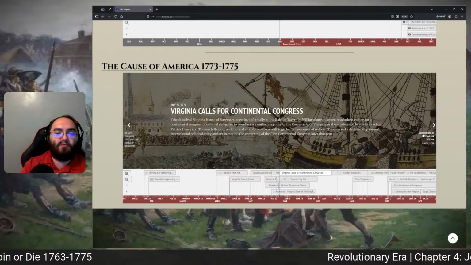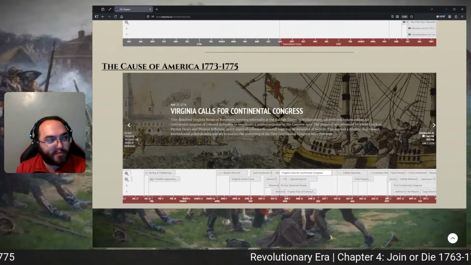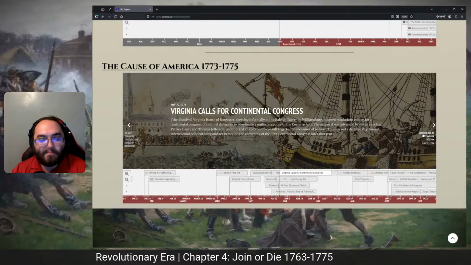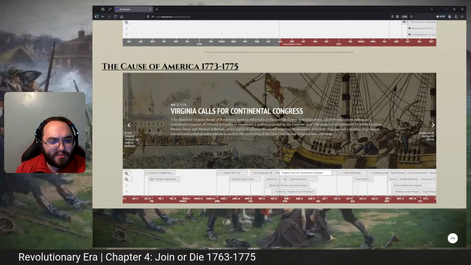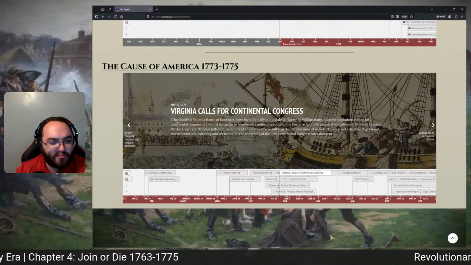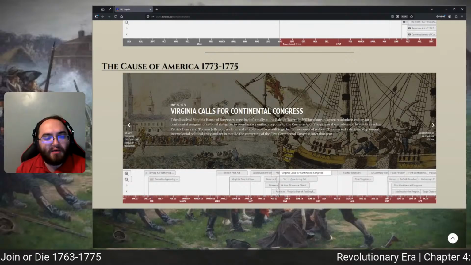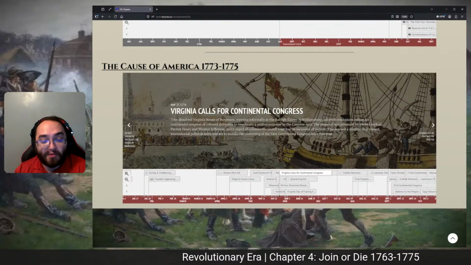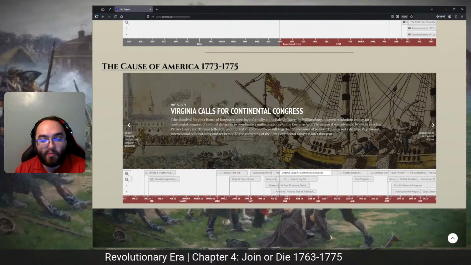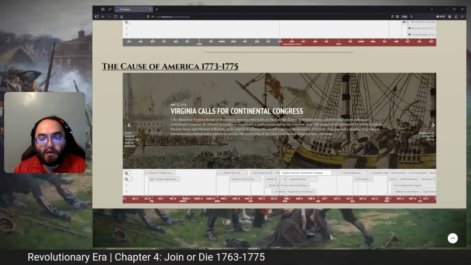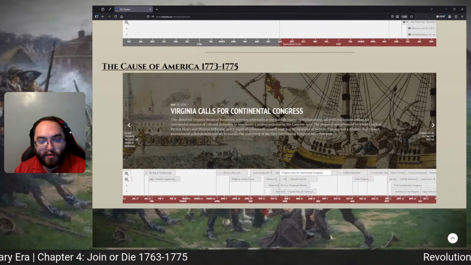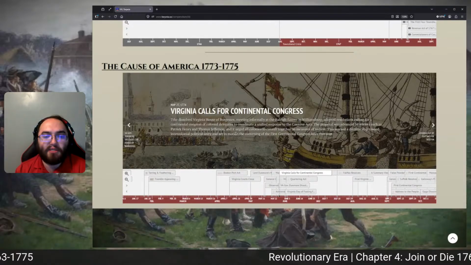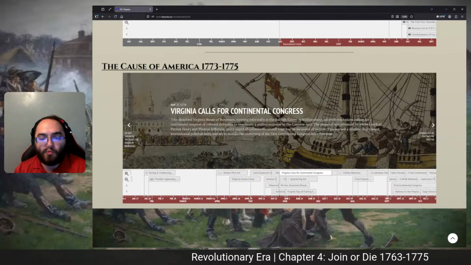Virginia calls for the Continental Congress. Another typo, geez. It's supposed to be the with one T, not two. So the dissolved Virginia House of Burgesses, meeting informally at the Raleigh Tavern in Williamsburg, adopted resolutions calling for a Continental Congress of colonial delegates to coordinate a unified response to the Coercive Acts.